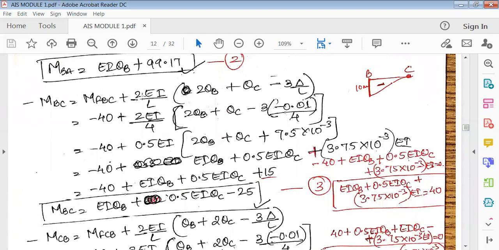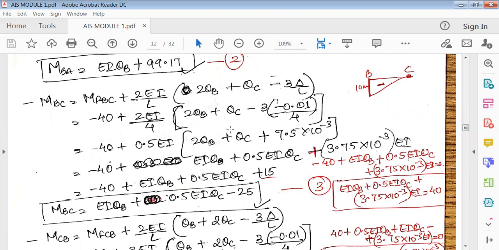Now in the third equation, MBC. It is MFBC plus 2EI by L. Again, B is the first term. So it is 2 times theta B plus theta C minus 3 delta by L. Now when you consider the BC span, what's happening here is B is sinking. So in this, the left support is sinking. Because the left support is sinking, you have to consider it as minus. So delta becomes minus. Everything would be same. Theta B exists because there is rotation.